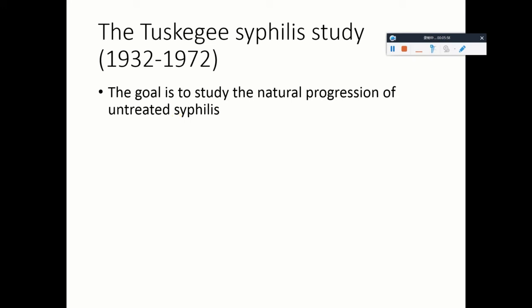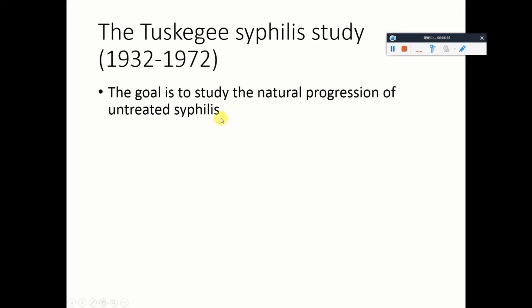You can imagine from a medical and scientific perspective, the documentation of the natural progression of untreated syphilis is going to be valuable information for medical professionals to treat and to design drugs to counter syphilis.